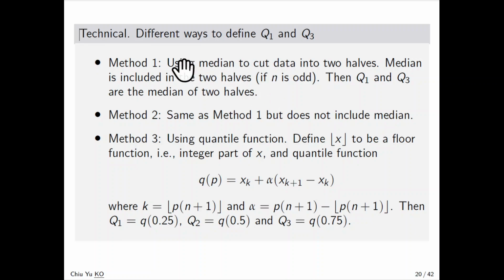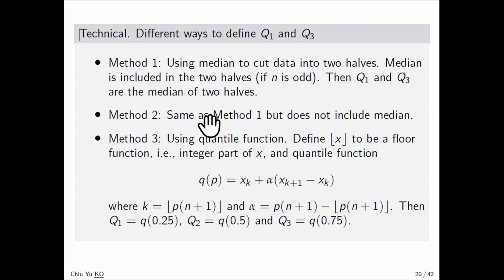In method 1, we use the median to cut the data into 2 halves. If n is odd, the median is in the data; if n is even, it is not. Then you use these 2 halves to find the medians, giving Q1 and Q3, and the difference is the IQR.